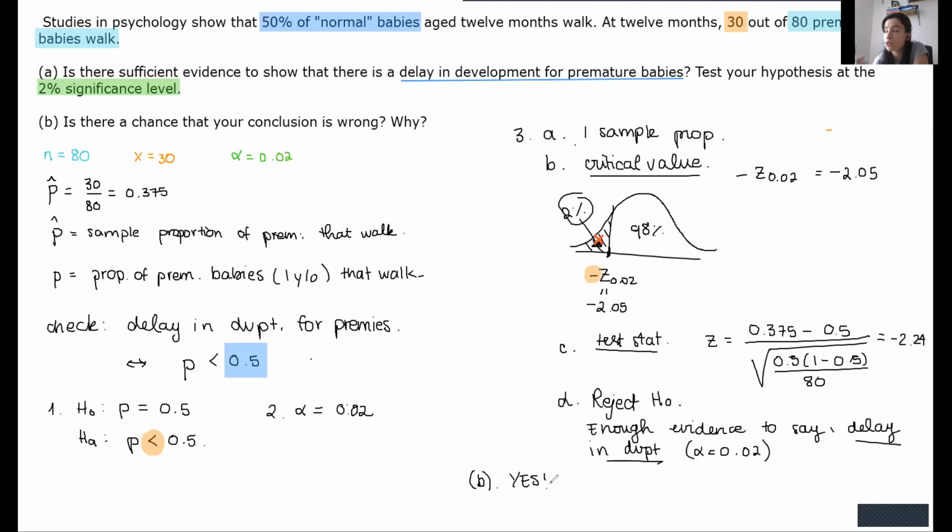So maybe I just happened to choose a sample that had fewer babies that had walked, even though in the population, maybe the proportion was equal to 50%. I don't know, I can't know. Does everybody understand that? Questions, comments?